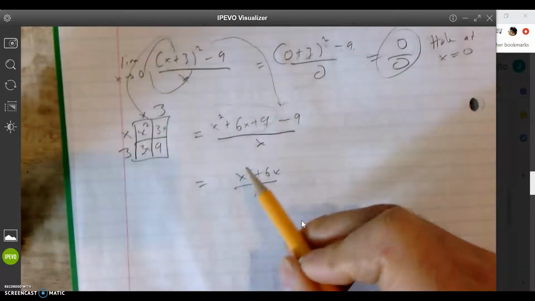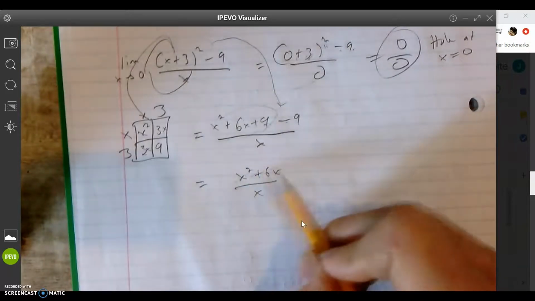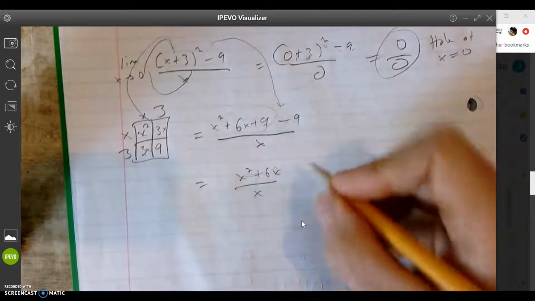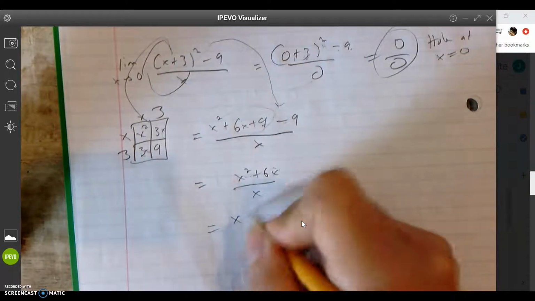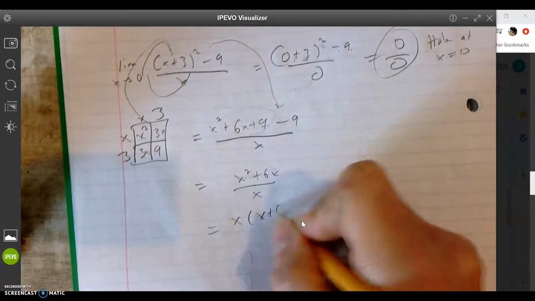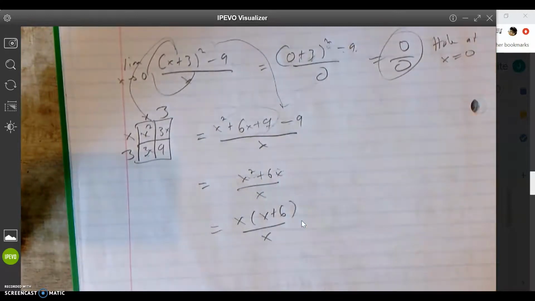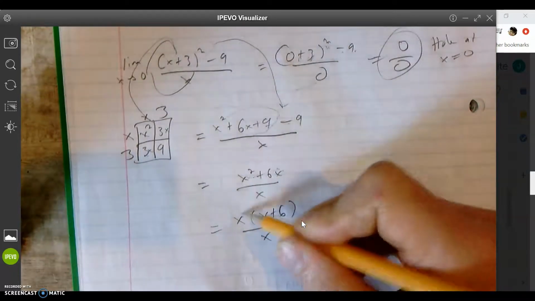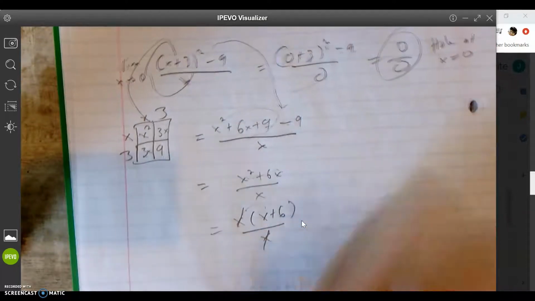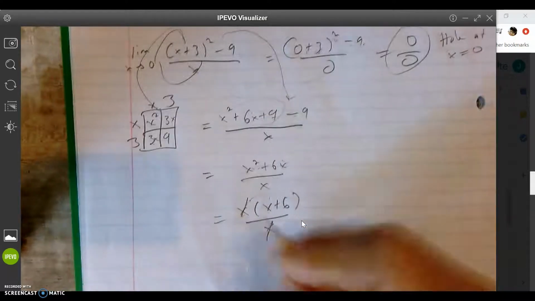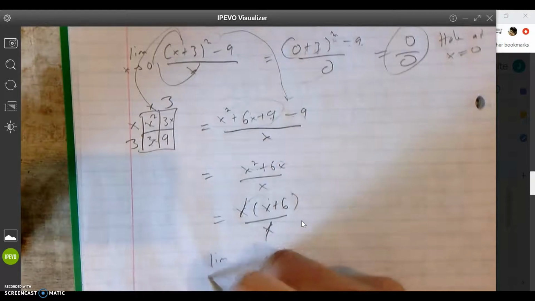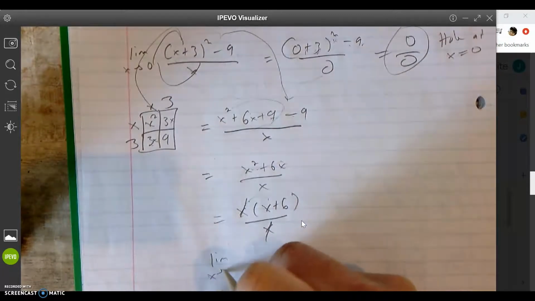Alright, let's keep it going. What can I factor out? What do these have in common? Yeah, they both have an x. So here's the factoring part. I can take out an x from both. Cool. Because when you distribute, x divided by x is 1. And so now, always put the limit. It's the last part. The limit as x approaches 0.